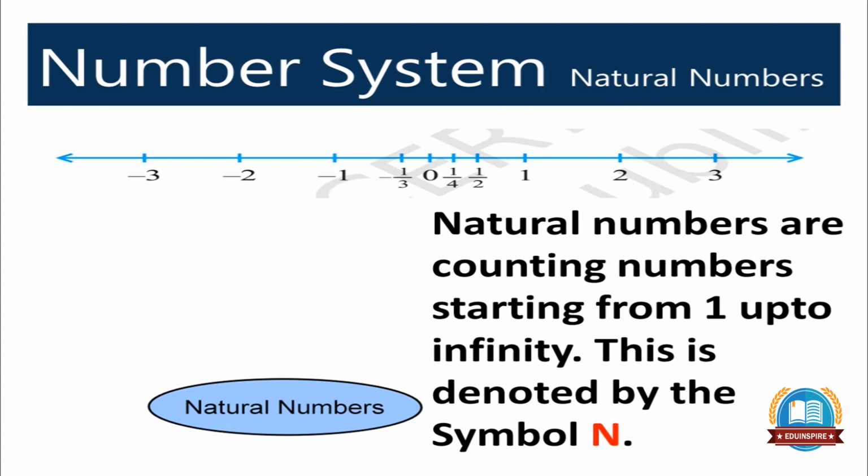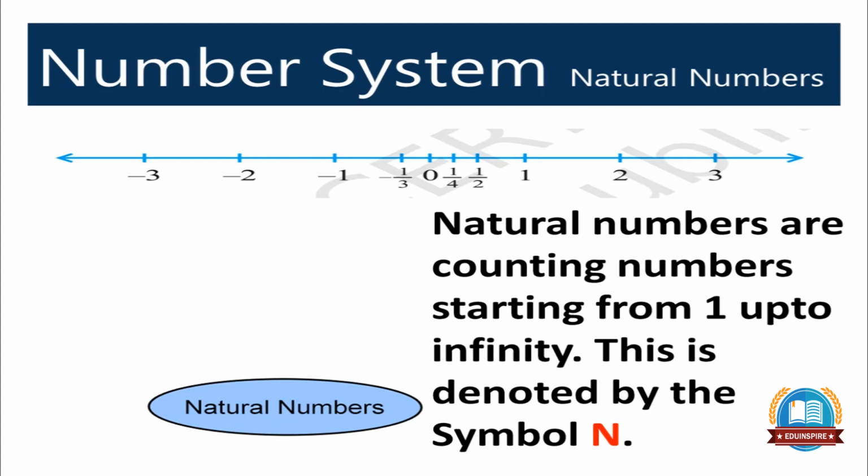On the number line, if we start from 0 and start walking in the positive direction, we will see numbers 1, 2, 3 up to infinity. These are natural numbers. Therefore, natural numbers can be defined as the counting numbers starting from 1 up to infinity.